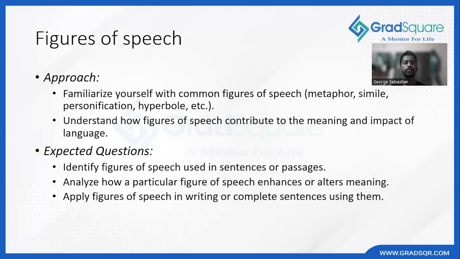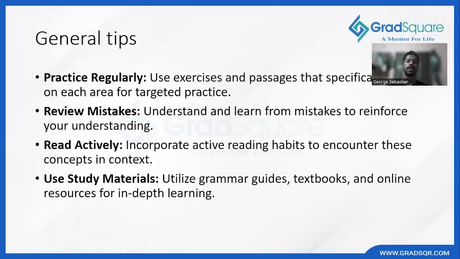So if we have a clear understanding of tenses, parts of speech, subject verb agreement, figures of speech, then active voice and passive voice, this is more than enough to clear the grammar part of the English test in the Central University's entrance test. So apart from this, some general tips: we have to practice regularly.